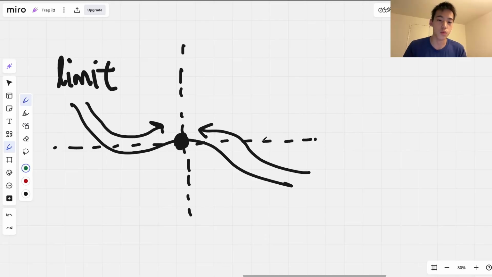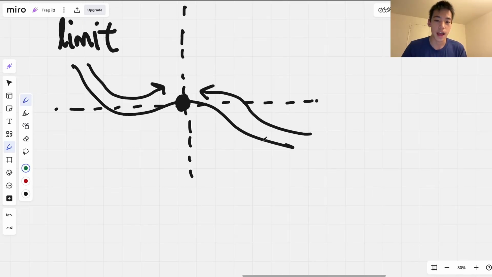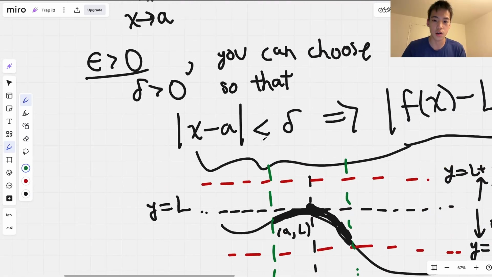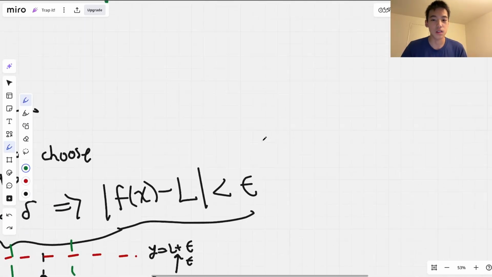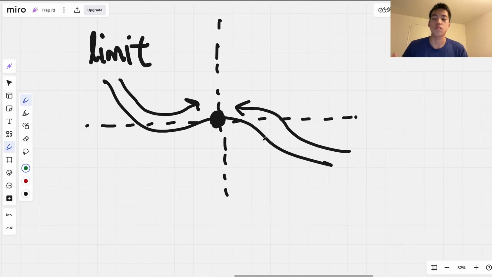Why do we need to think about the actual definition, with all of these vertical lines and horizontal lines flying all around, when we can just say that we approach a value of a function?